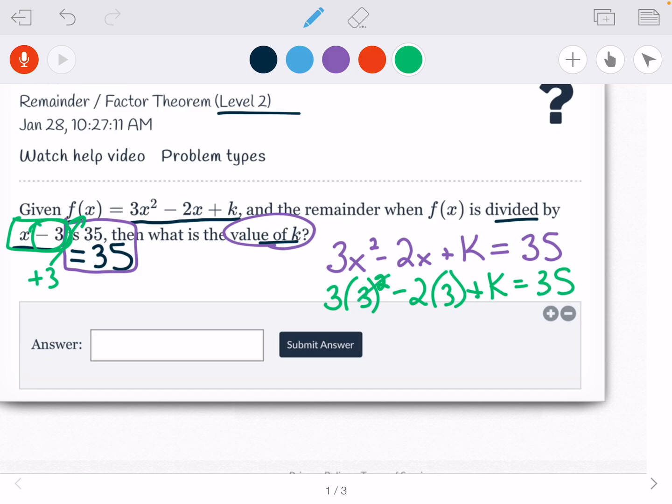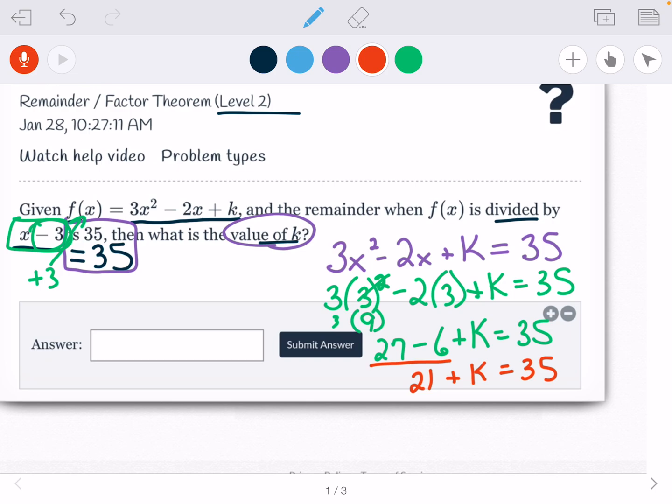So I've got 9 times 3, so this is 27, minus 2 times 3 is 6, plus k equals 35. Let's combine like terms. 27 minus 6 is 21, plus k is 35.